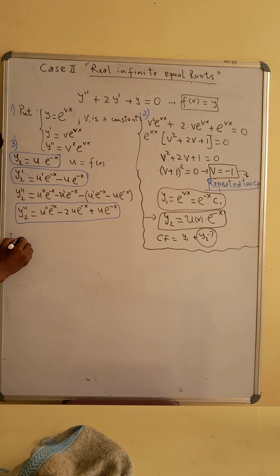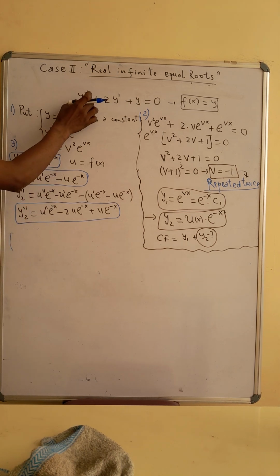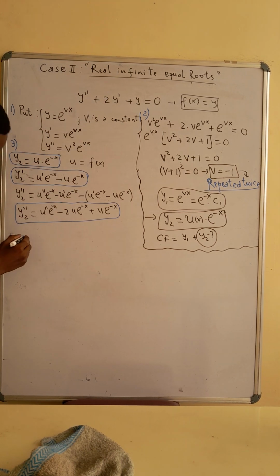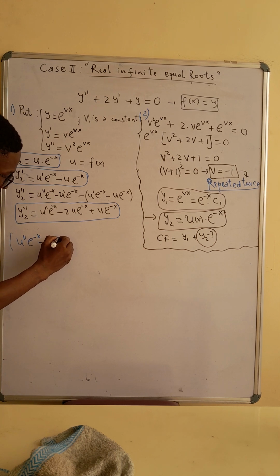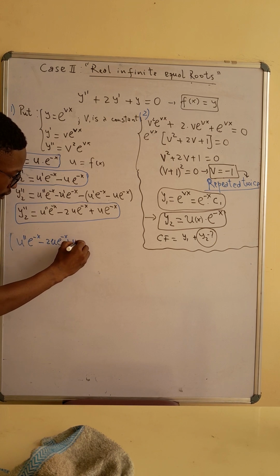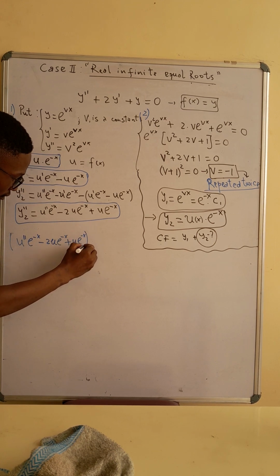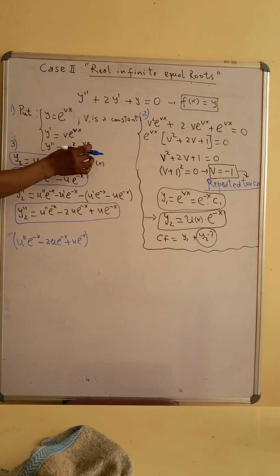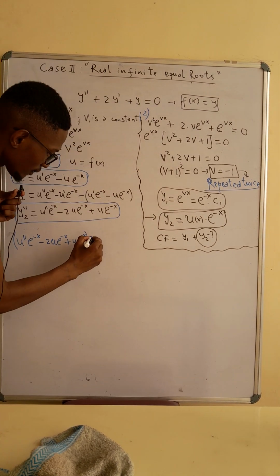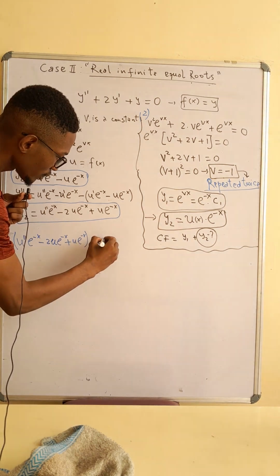It will be like where I have y double dash, I will put this one. This will be u double dash Euler minus x, minus 2u dash Euler minus x, plus u Euler minus x. This is y double dash. This is plus 2y dash.